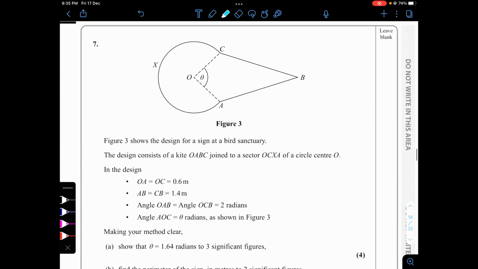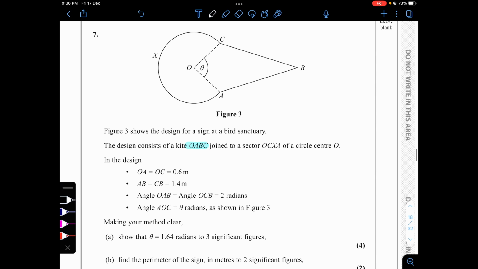Figure 3 shows us the design for a sign at a bird sanctuary. The design consists of a kite, OABC, joined at sector OXEA, and they tell us some information here. OA equals OC, 0.6 meters, so we can write 0.6 meters here and 0.6 meters here.